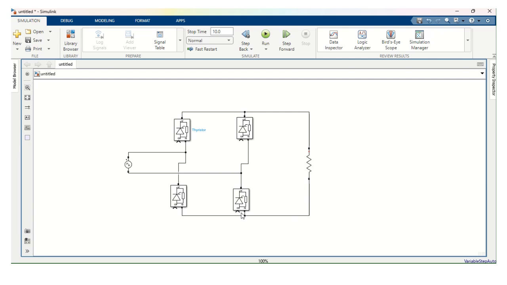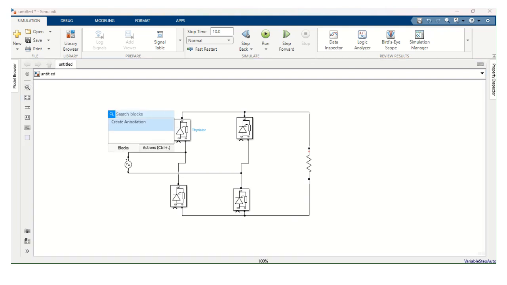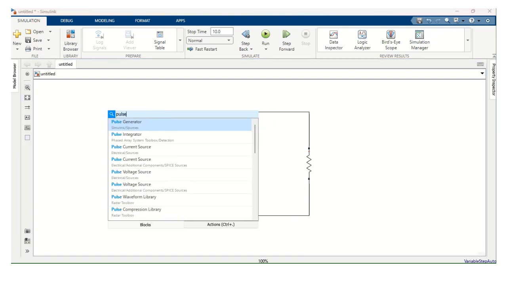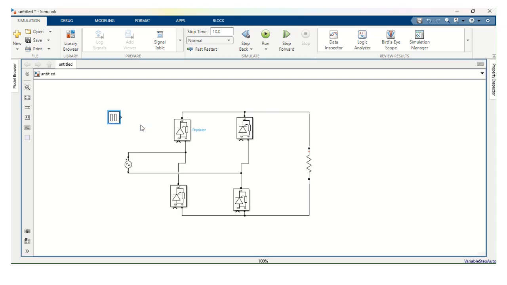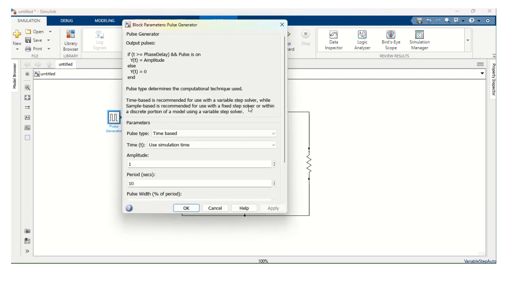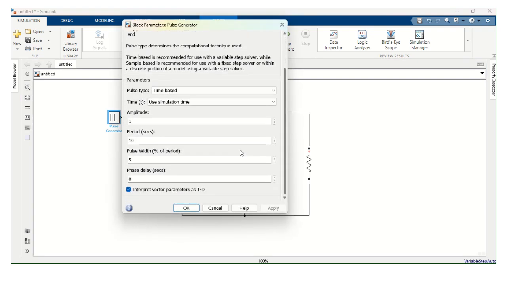We need gate pulse for all the thyristors. So we need pulse generator. Double click the pulse generator and let's change the default settings. Amplitude is 1, period 50 Hz means 0.02. Pulse width is 10%.